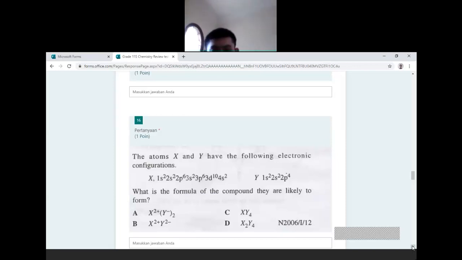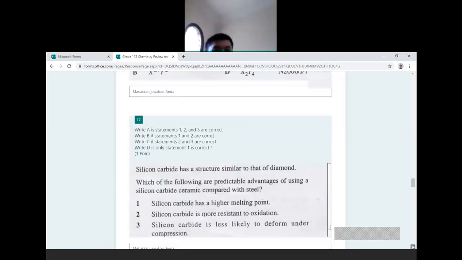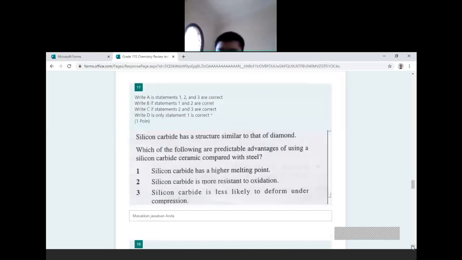Okay, and then number 17. This kind of question, number 17 until number 20, is very common every year for A-level paper 12, only in the chemistry subject.